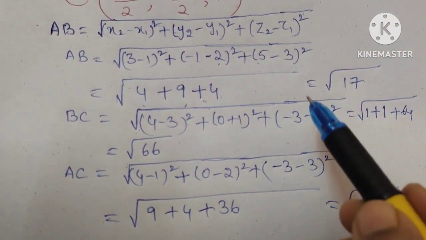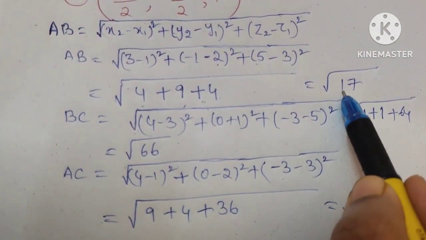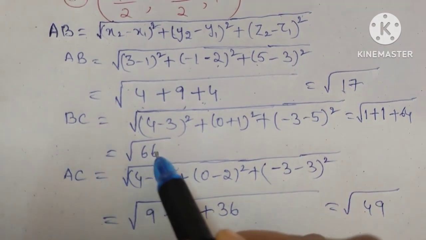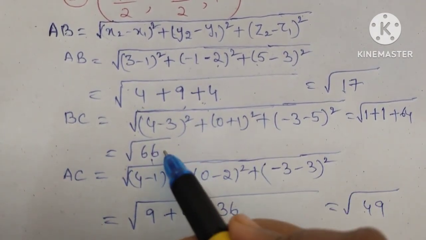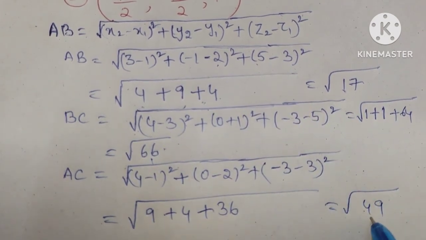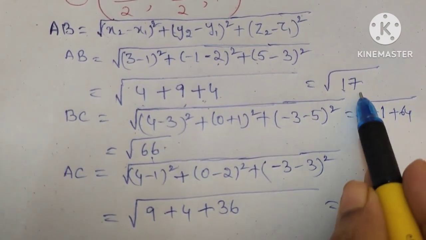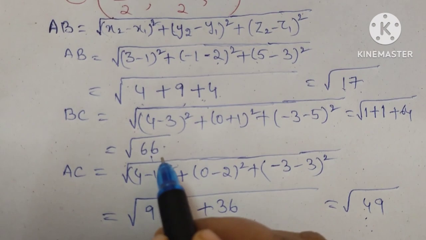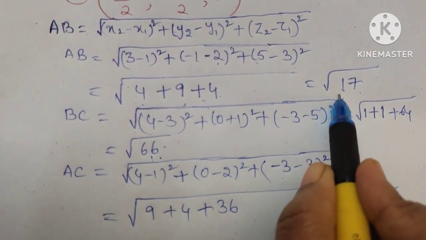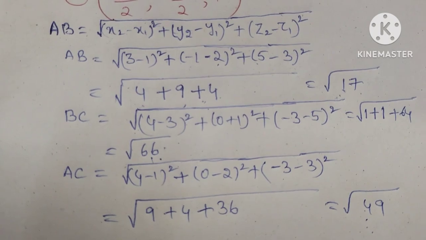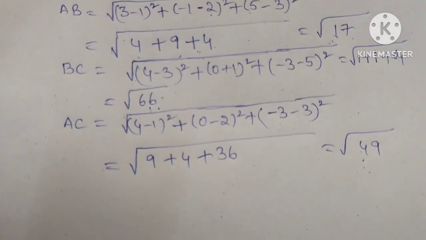We observe here AB is root 17, BC is root 66 and AC is root 49. If we add these two, we are not getting this, but if we add these two, we get 66. So we take the squares.